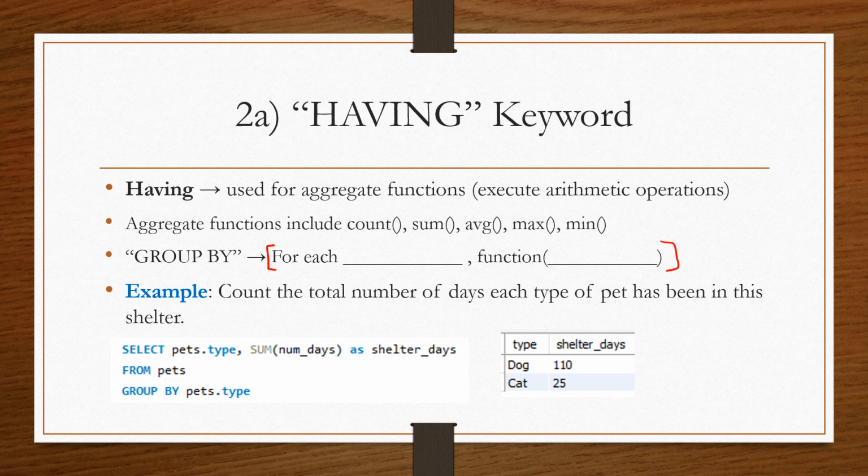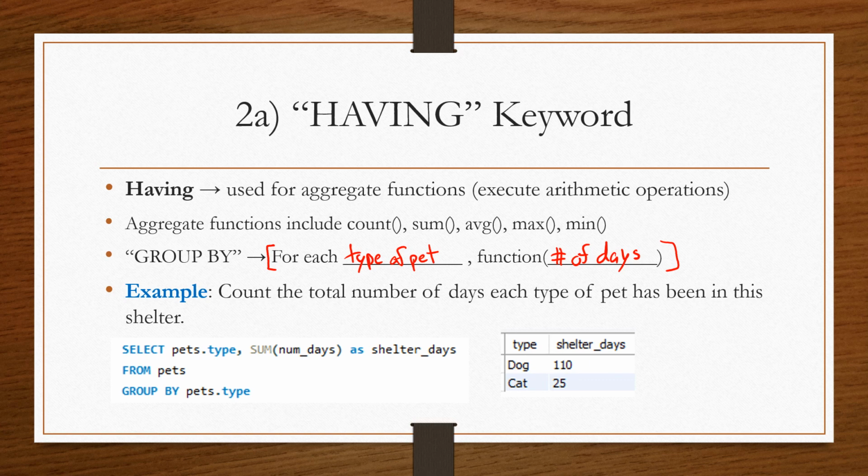For this group by sentence, we're going to say for each type of pet, we're going to count the number of days that this pet has been in the shelter.